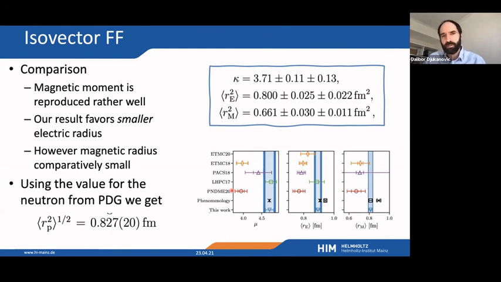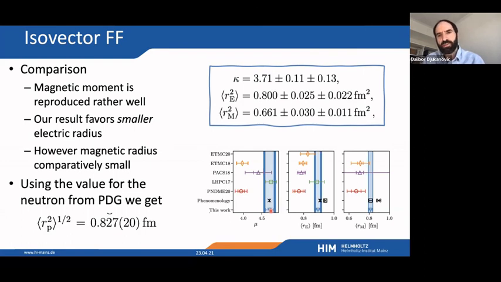So usually what is done is this Z expansion, and then you extrapolate the Z-expanded results. And this is different in this work here. We really do fit directly the electric and magnetic form factors using chiral EFT. So I'd say this is one of the major differences.